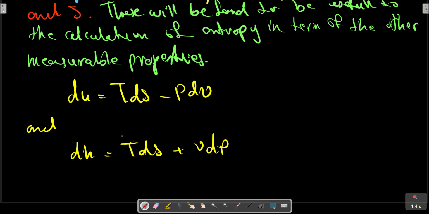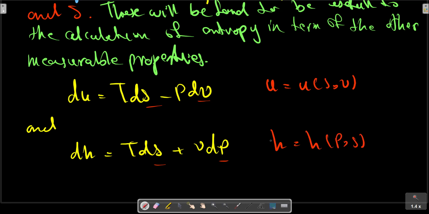Note that the mathematical representation of these expressions is of the form: U is a function of S and V, and H is a function of P and S. In both of these relations, entropy is used as one of the two independent properties.